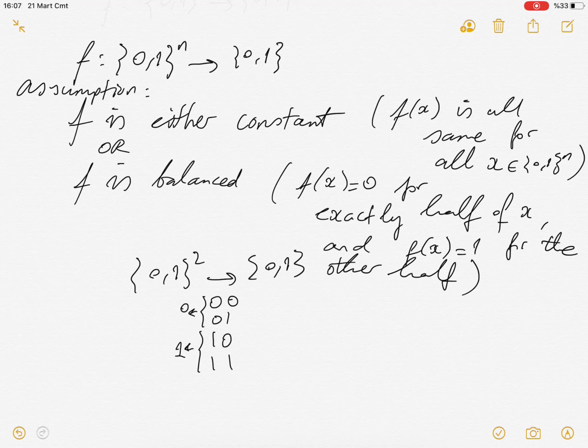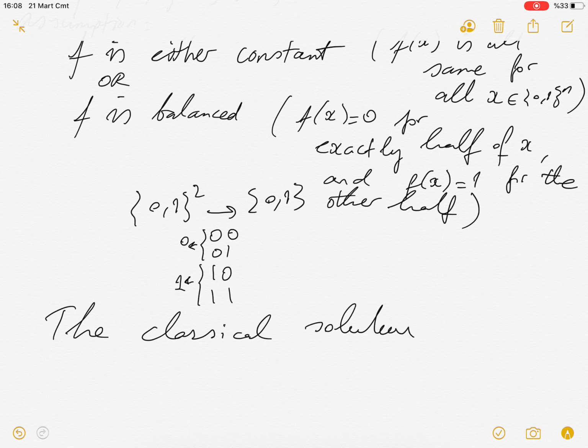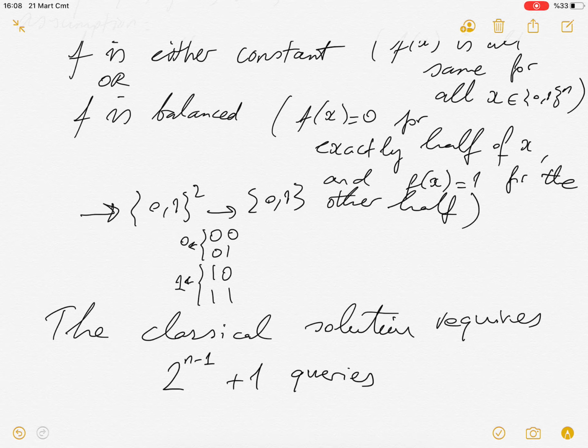Now, classically, the solution requires 2^(n-1) + 1 queries in the worst case.